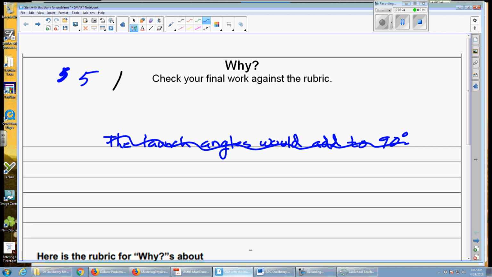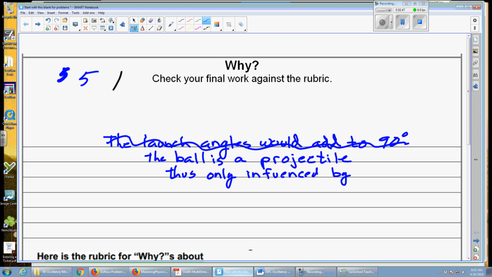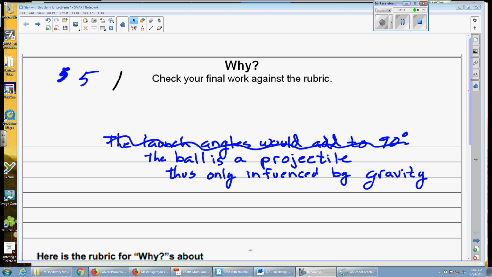So we might start off with that the ball is a projectile, thus only influenced by gravity. Still feel like I'm writing really big. All right.